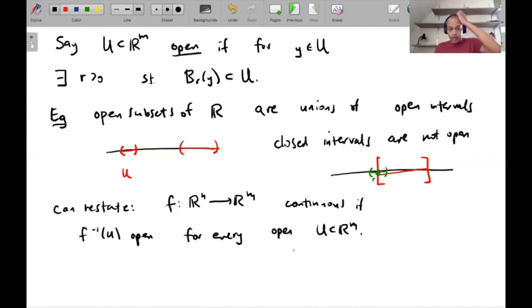Okay, so the pre-image of an open set is open. So this is the pre-image here. This is X in Rn, so that F of X is in U.